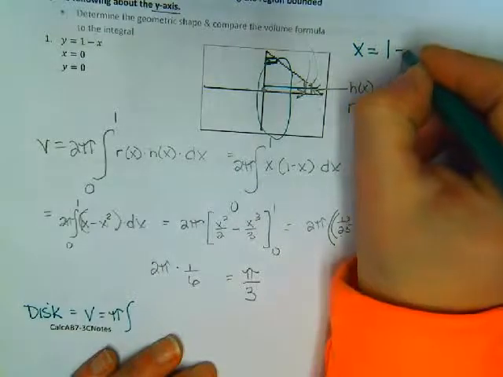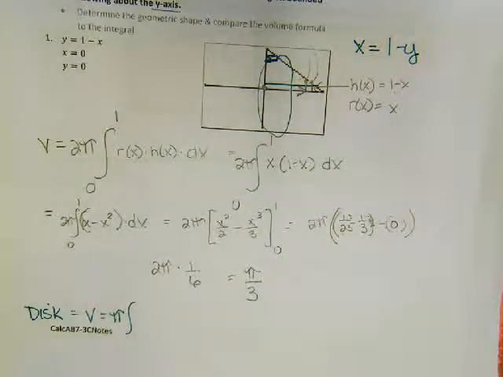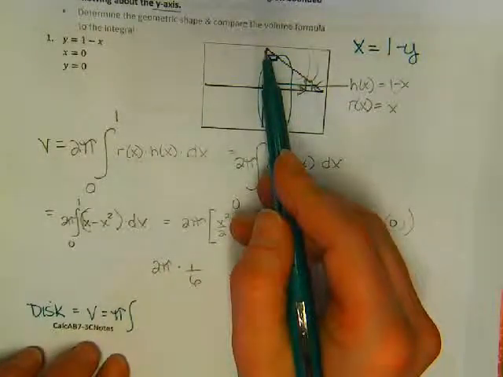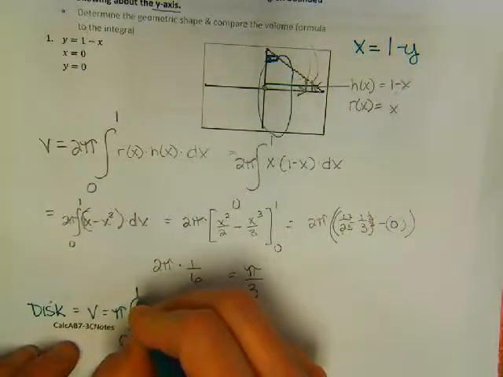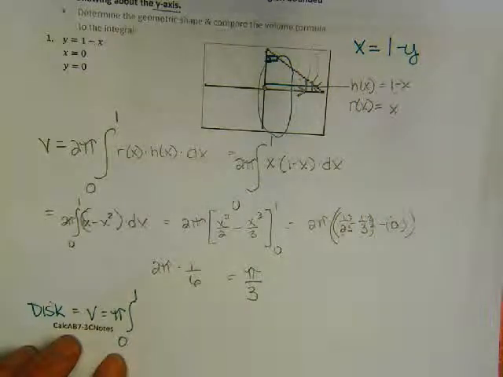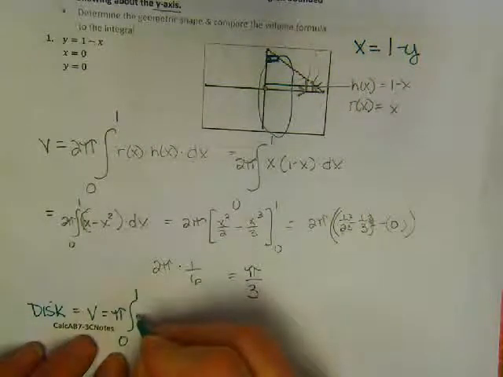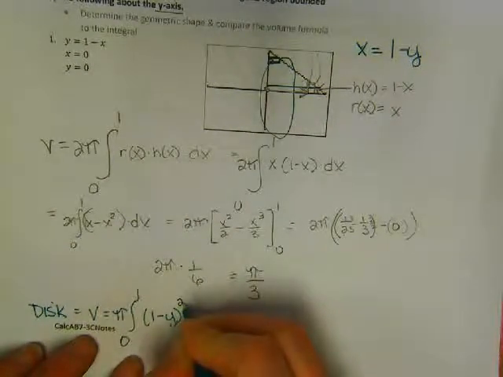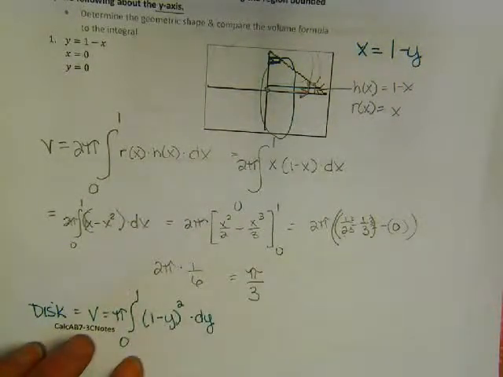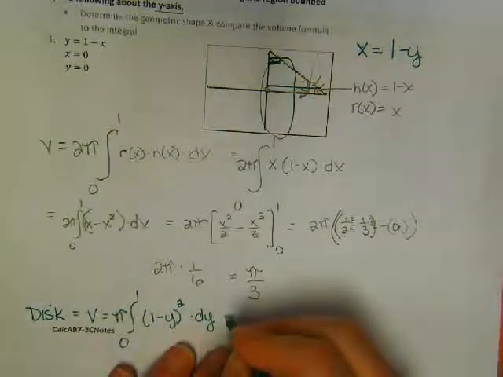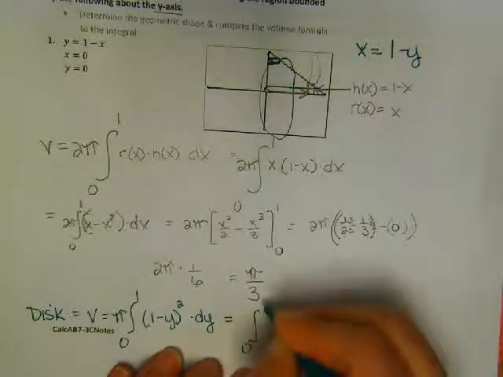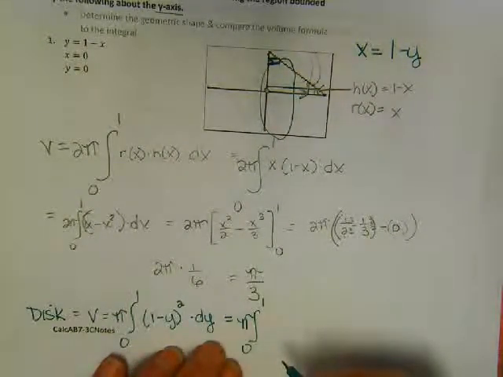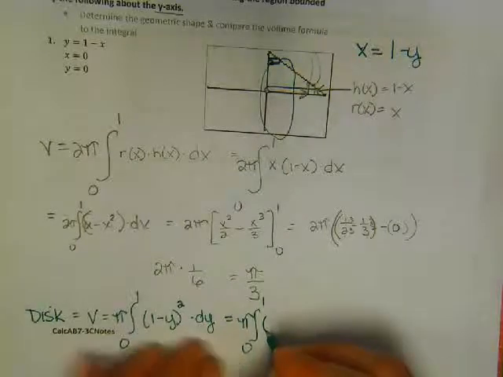Okay. I'd still be doing 0 to 1. And then I would have the integral of 1 minus y, parentheses squared, dy. You guys do not have to do this. I am showing Bryce, or we're checking if I'm going to get the exact same answer this way. 1 minus 2y plus y squared.